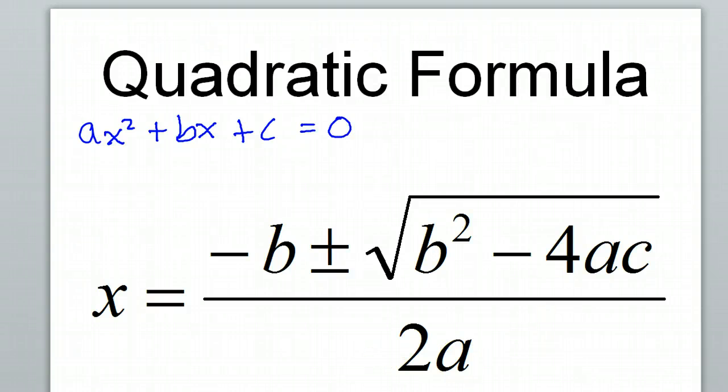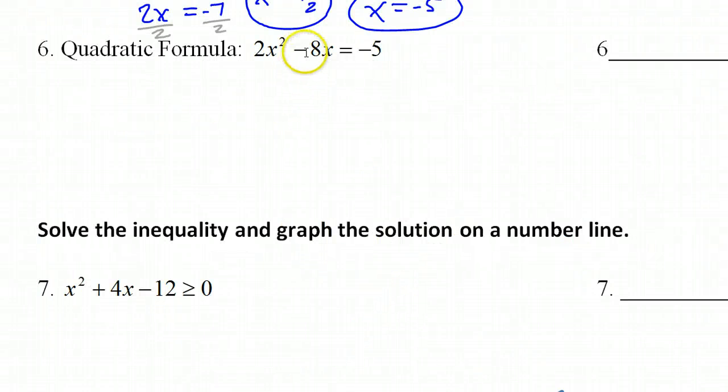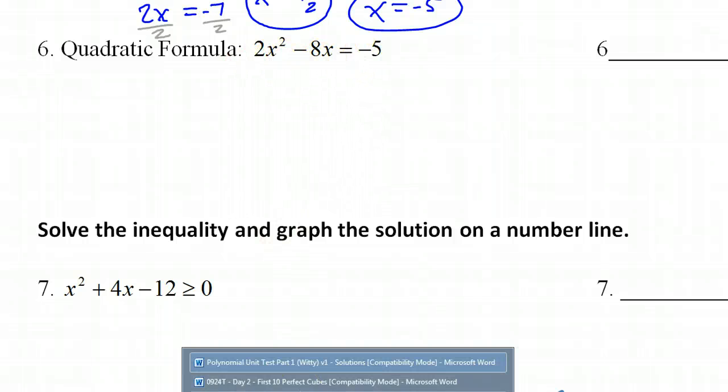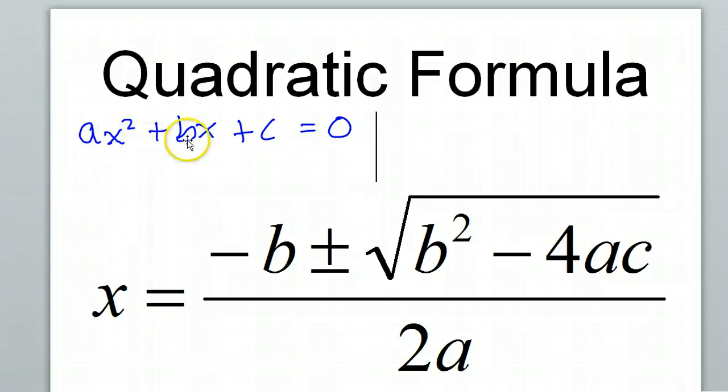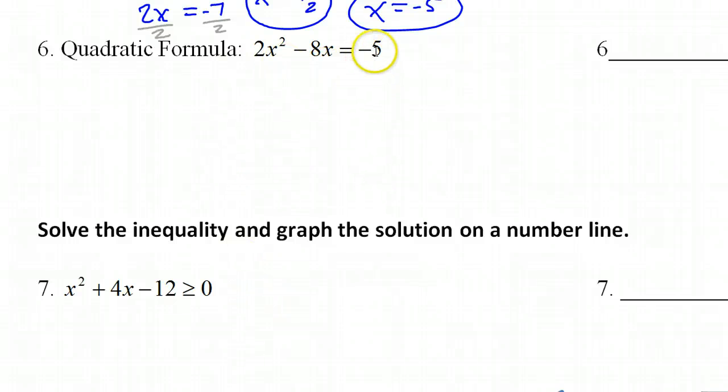Anyway, this is the quadratic formula, and that's what we're supposed to be using for this problem. Now, this is not quite in standard form. For standard form, we need everything on the left except for equals 0 on the right. So basically, this negative 5 needs to get to the left.